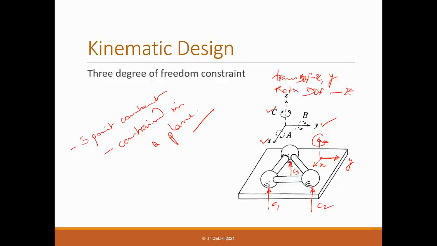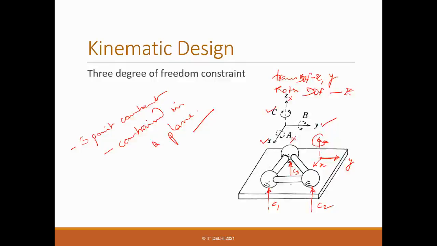Now the constraint: as long as the contacts are made, you can see Z translation, and the 2 rotations out of the plane, A, you cannot have without removing the contact.